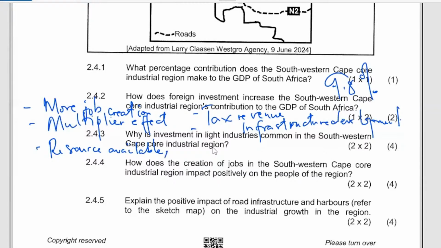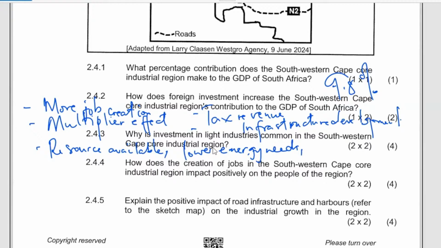Right. And also we can talk of lower energy needs. Because of the energy crisis, we know well that the country is having some challenges with energy. So with light industrial activities, there are lower energy needs, and hence it makes it viable to engage in light industrial activities.